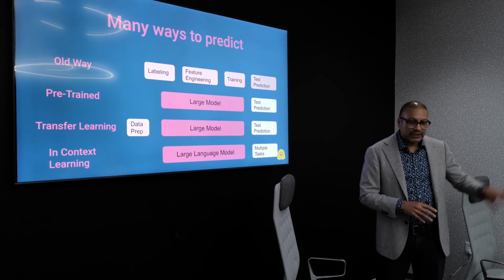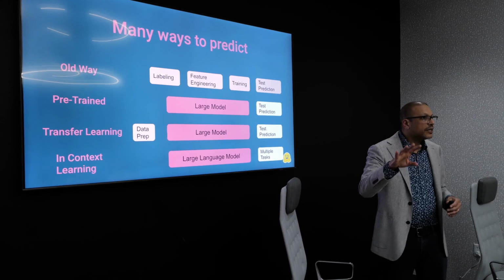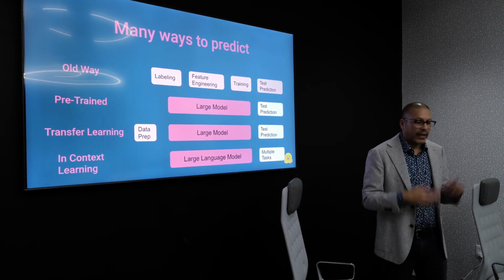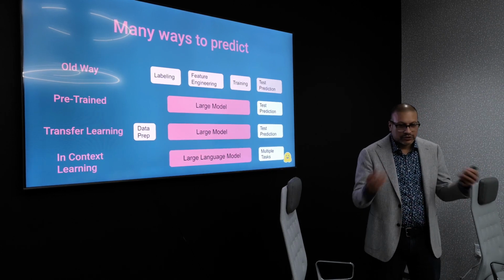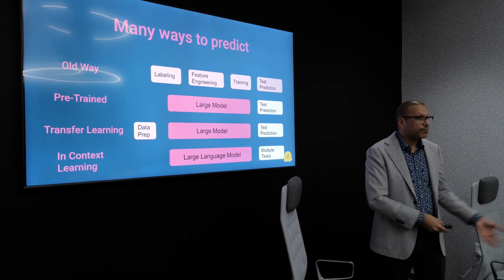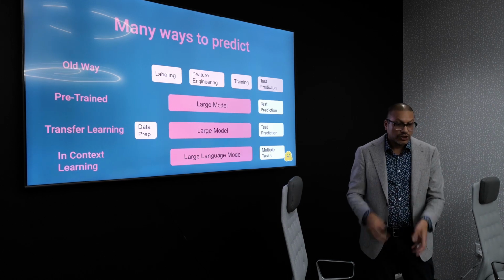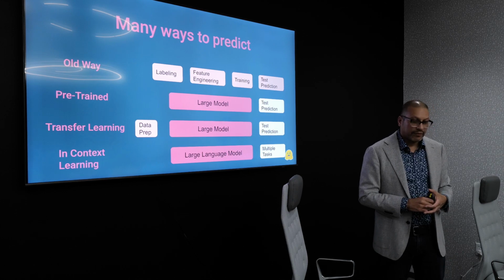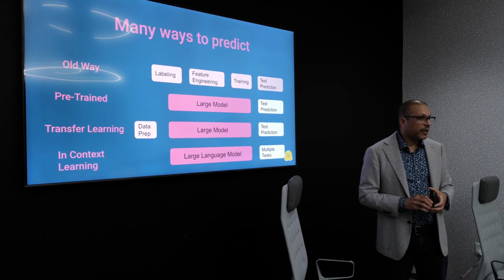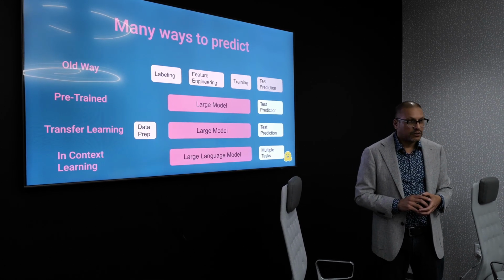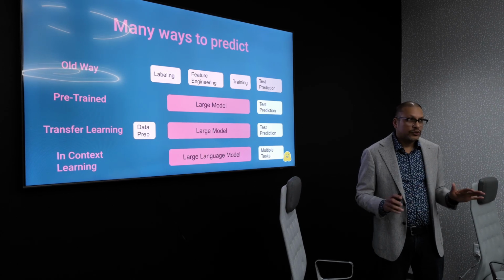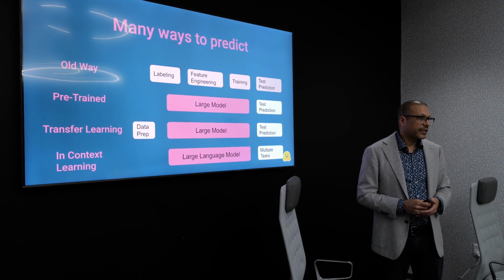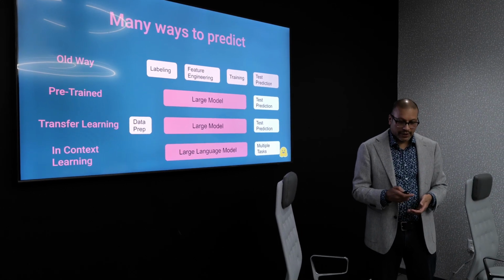A lot of different ways to think about how we do machine learning, from the traditional, old way of labeling, feature engineering, and training, whether using pre-trained models, using transfer learning and doing fine-tuning, or taking advantage of these next generation large language models to do this in context. A lot of this stuff is available as open source, so you can get out there and get your hands dirty right away.